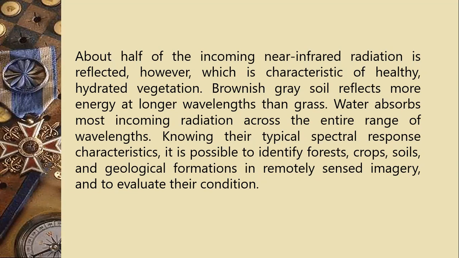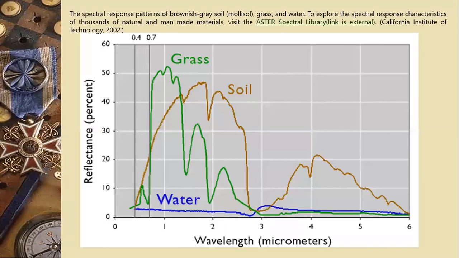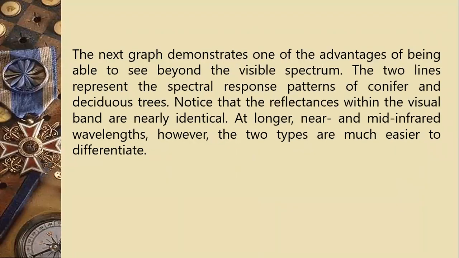Knowing their typical spectral response characteristics, it is possible to identify forest, crops, soil, and geological formations in remotely sensed imagery and to evaluate their conditions. It is simply how the images are recorded based on the spectral response pattern.